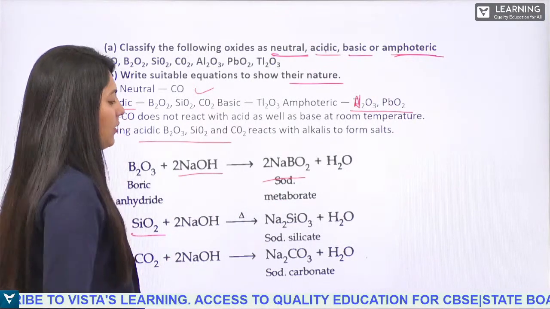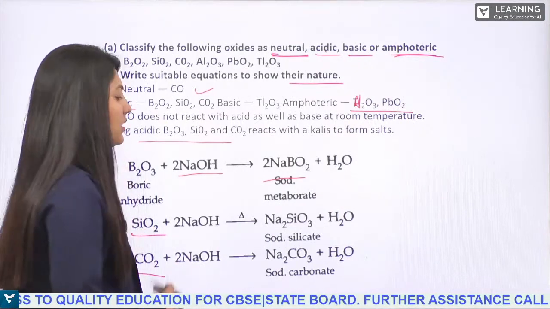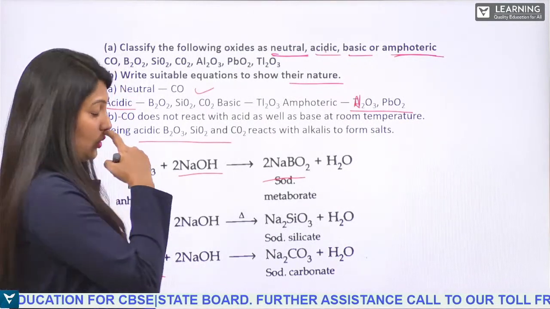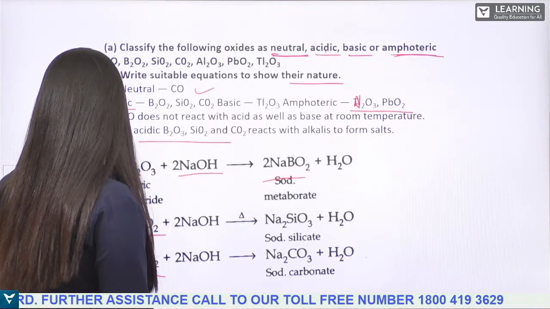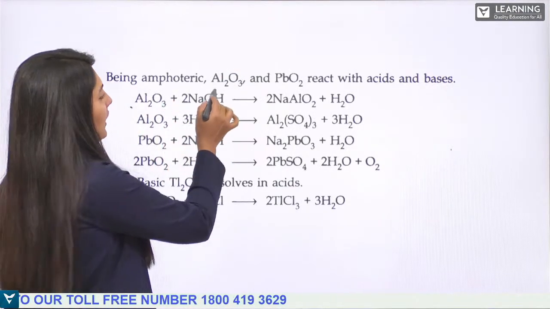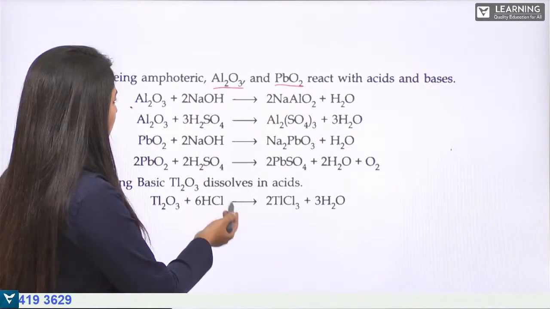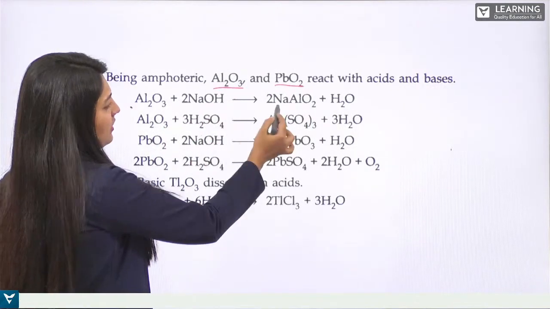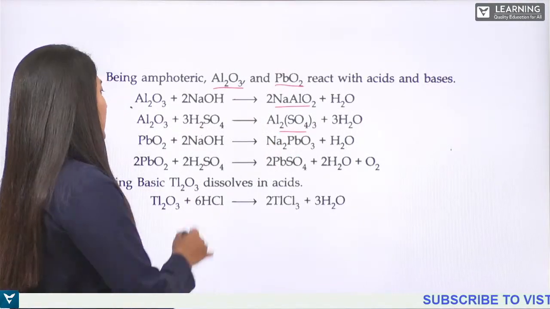Silicon dioxide reacts with base to form sodium silicate, and carbon dioxide reacts with sodium hydroxide and gives you sodium carbonate. And the amphoteric ones, aluminium oxide and lead oxide, when they react with base and acid, you will have salts formed, which shows that they are amphoteric in nature.